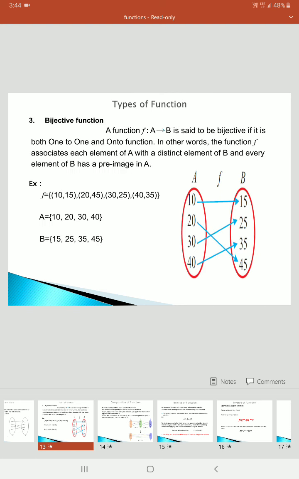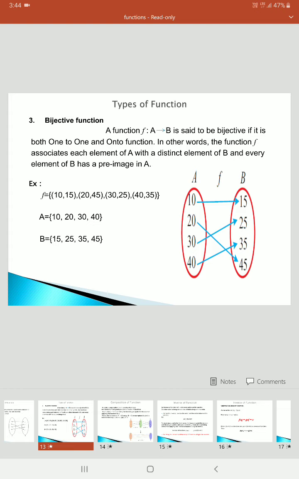Now comes the bijective function. It is a function where f such that A to B is said to be bijective if it is both one-one and onto function.